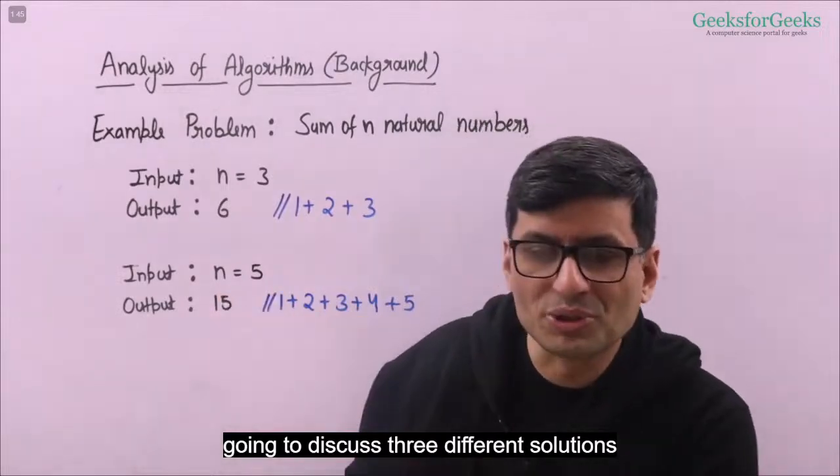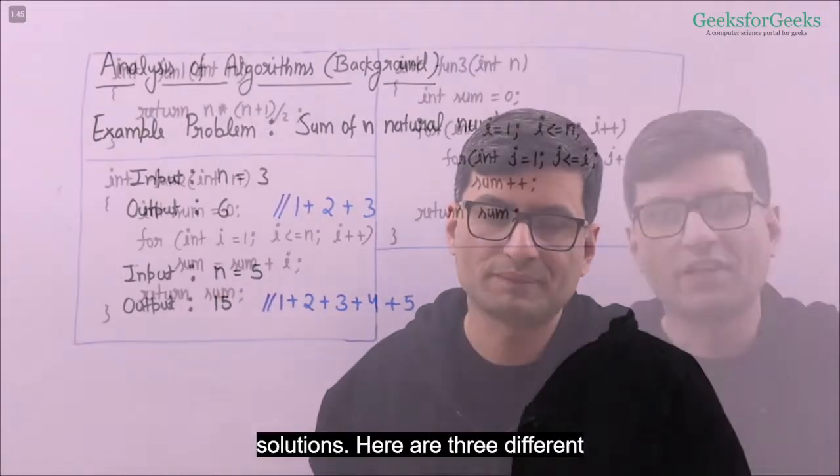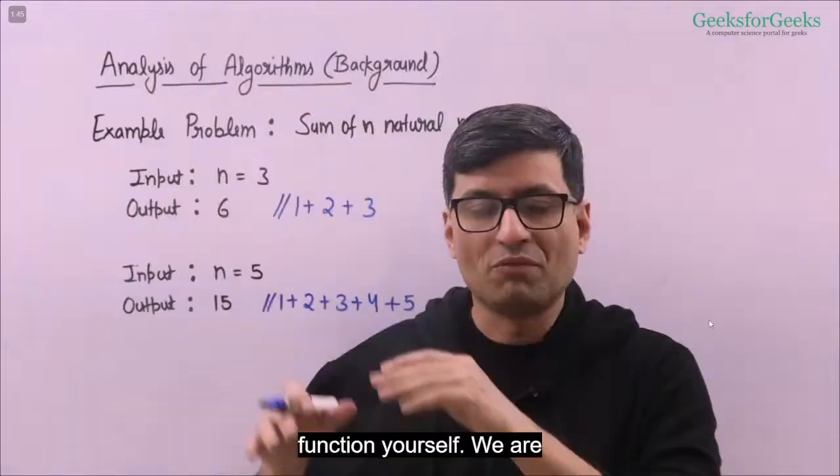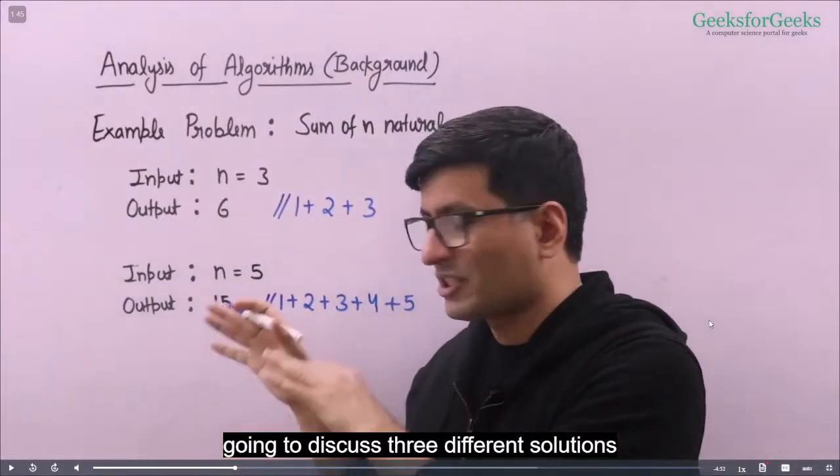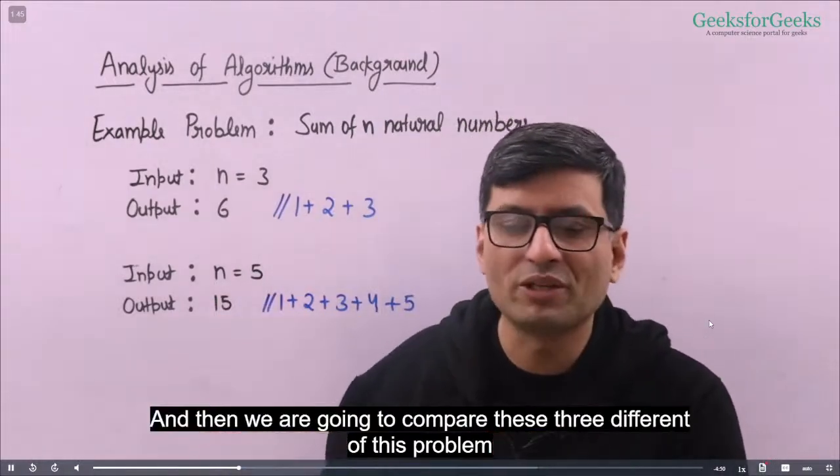We are going to discuss 3 different solutions of this problem, and then we are going to compare these 3 different solutions. Here are 3 different solutions written by 3 different programmers.